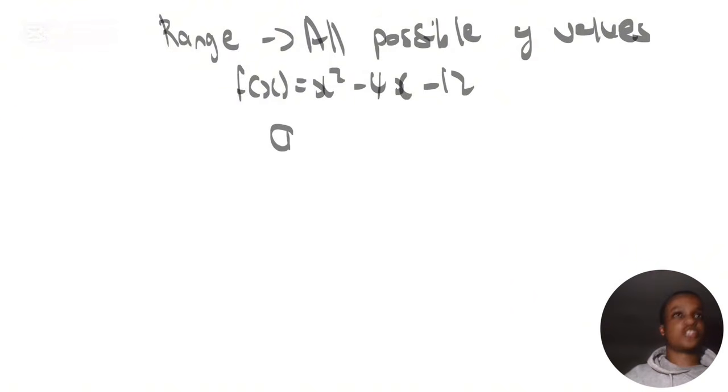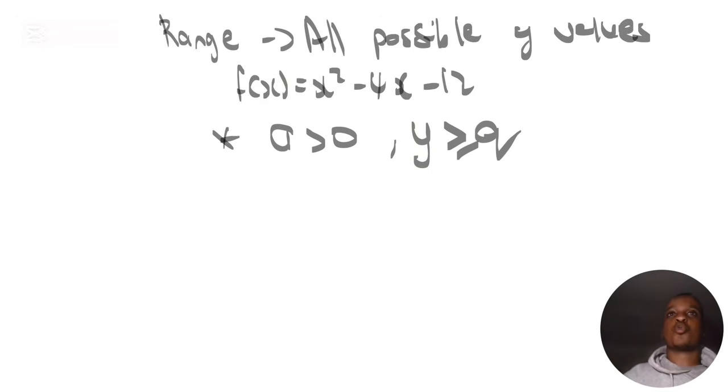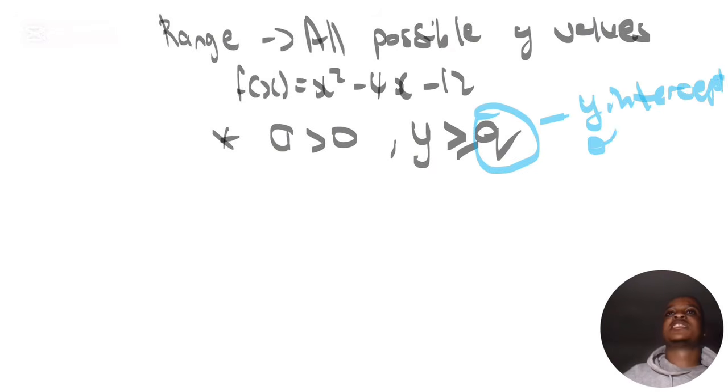Now, please note, when a is greater than 0, your range is y is greater than or equal to the y value of the turning point.